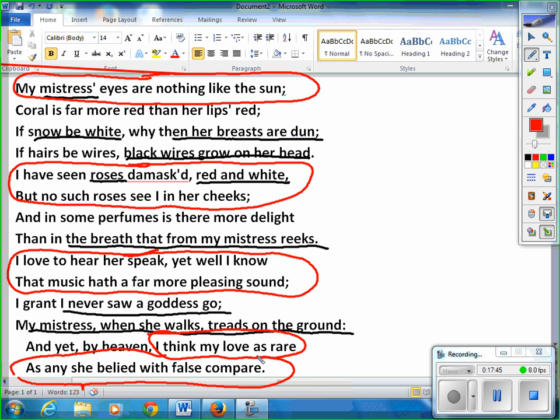Write questions in the margin, highlight unusual words, mark phrases that indicate the poem's meaning. So phrases mean obviously small groups of more than one word, right? So go ahead and do that once you've written that down.